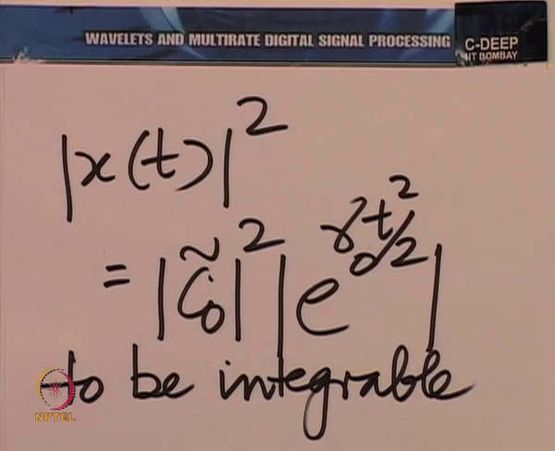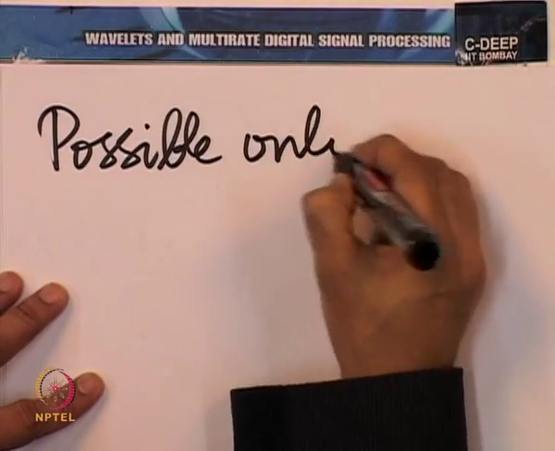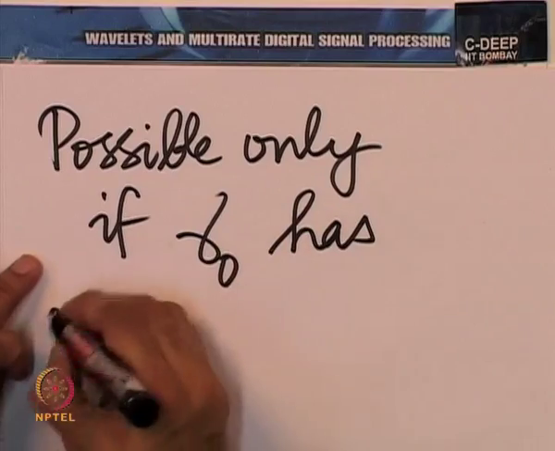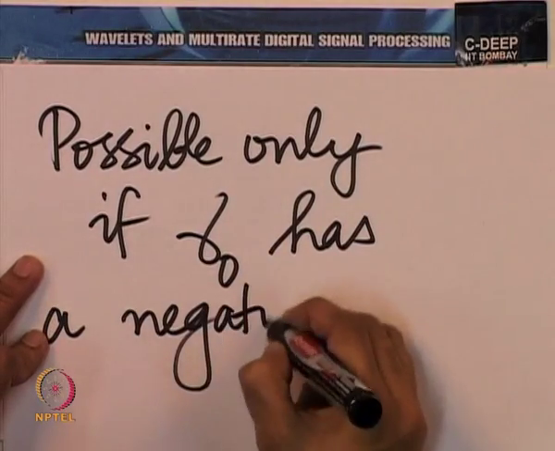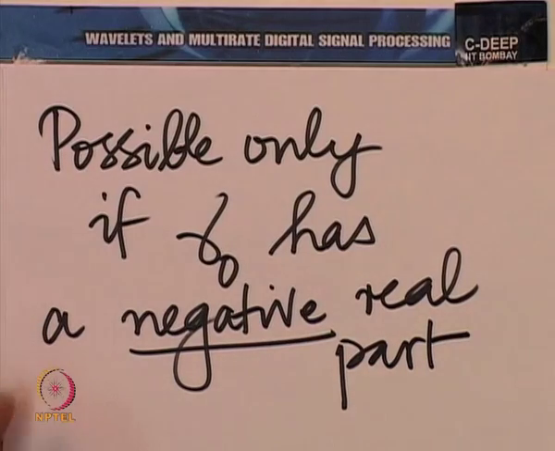Now, this is possible only if gamma 0 has a negative real part. If gamma 0 has a positive real part, this is going to be a so called Gaussian that grows in time, it is not going to be square integrable, and therefore, we must choose gamma 0 with a negative real part, and we can choose any one example of that.